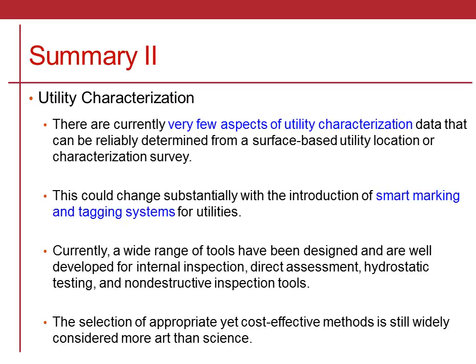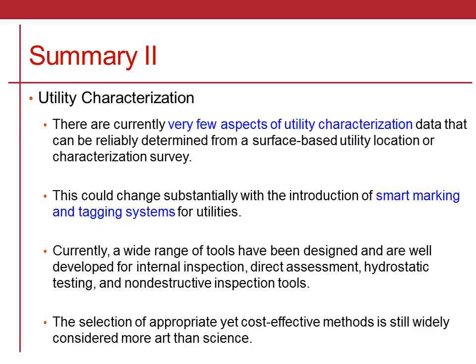There are currently very few aspects of utility characterization data that can be reliably determined from a surface-based utility location or characterization survey. So this could change substantially with the introduction of smart marking or smart tagging systems for utilities.